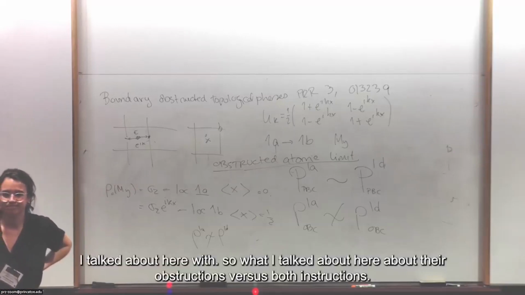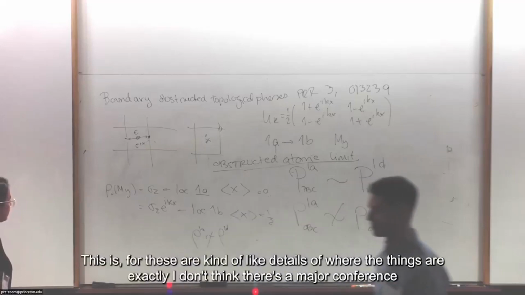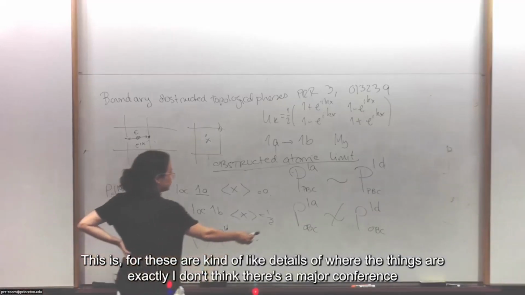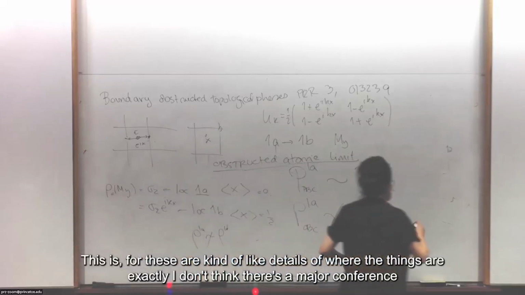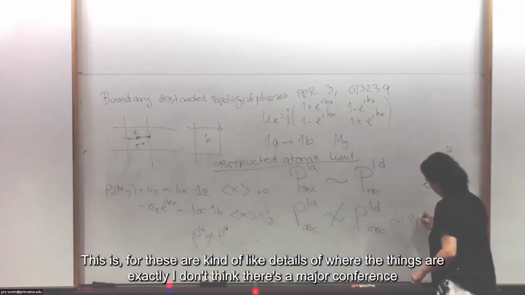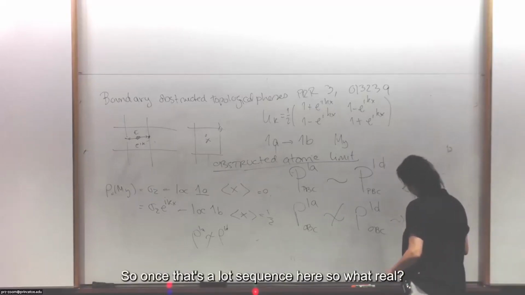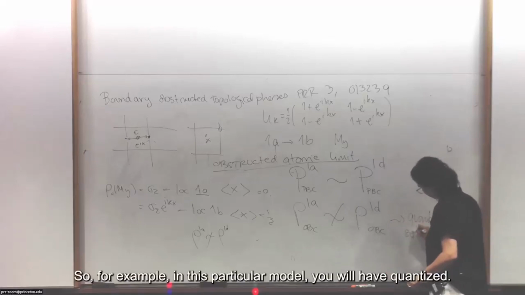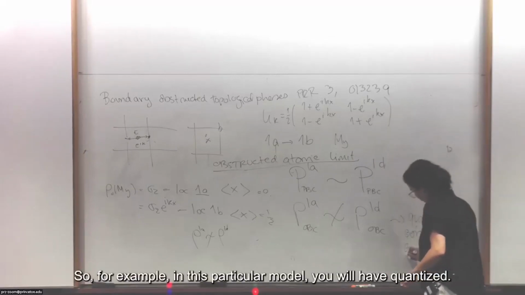So what's the consequence of this interpretation of the localization? Yeah. So for example, in this particular model, you have a quantized edge charge or corner charge and quadrupole moment in a total sample.